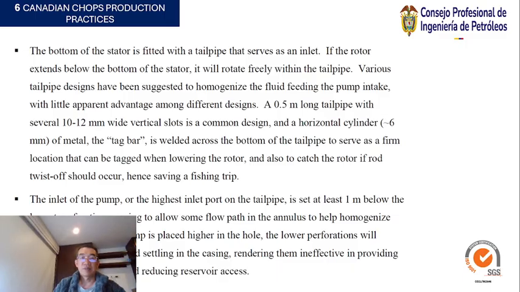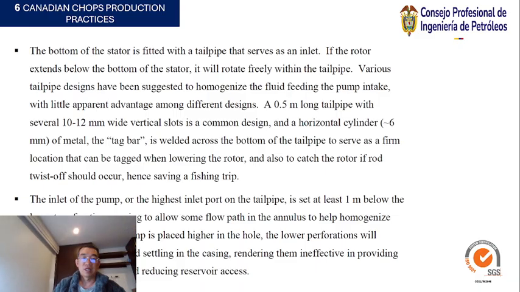The tug bar is welded across the bottom of the tailpipe to serve as a firm location that can be detected when lowering the rotor, and also to catch the rotor if rod twist-off should occur, hence saving a fishing trip.